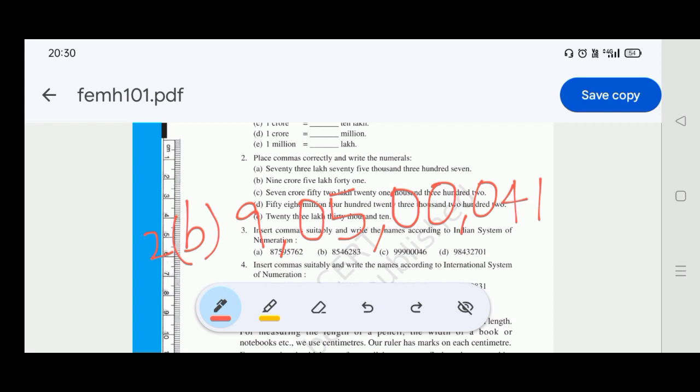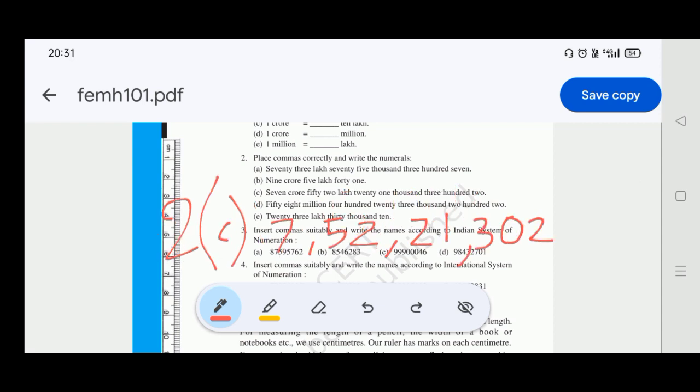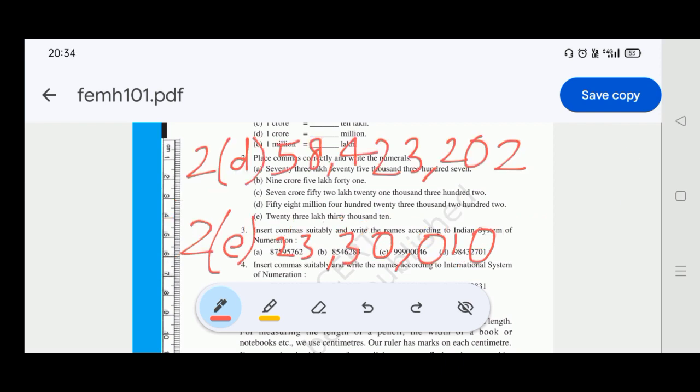This is the correct answer. 2C is 7 crore 52 lakhs 21,302. Similarly, we can also write for 2D and 2E. The solutions of 2D and 2E are as follows.